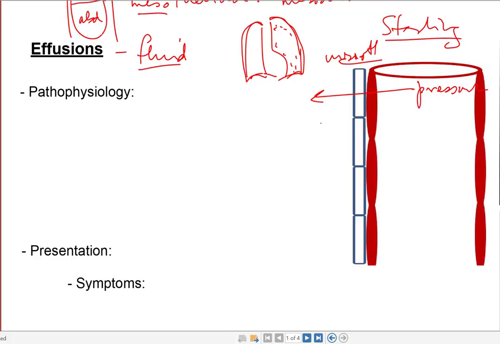And the major force keeping it back in is the oncotic pressure, which is mostly albumin. So when we're talking about the pleura, oncotic really doesn't enter into it. It's all related to hydrostatic pressure. So the only disease in the pleura that's going to give us a rise in that hydrostatic pressure is going to be congestive heart failure.